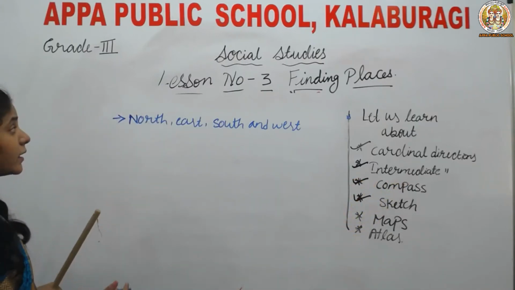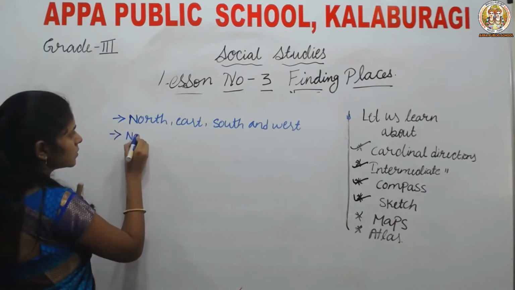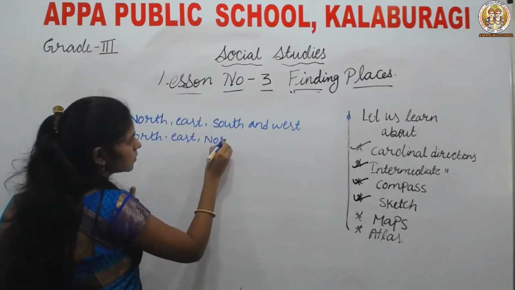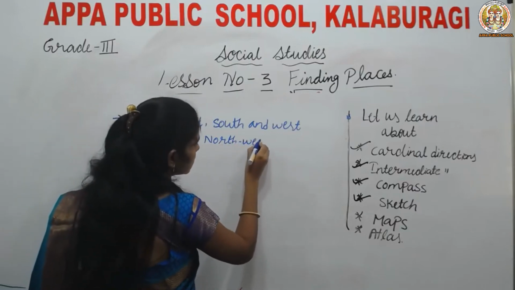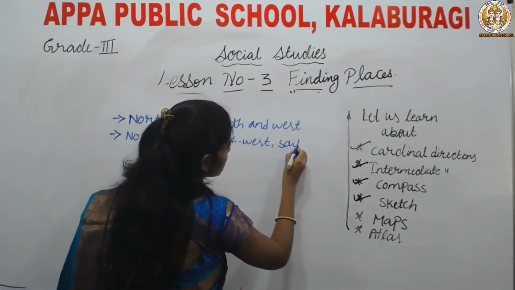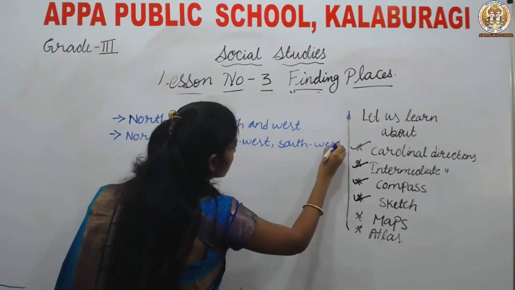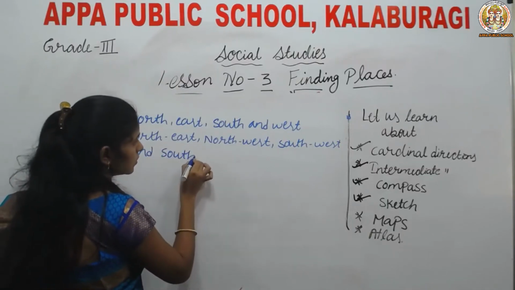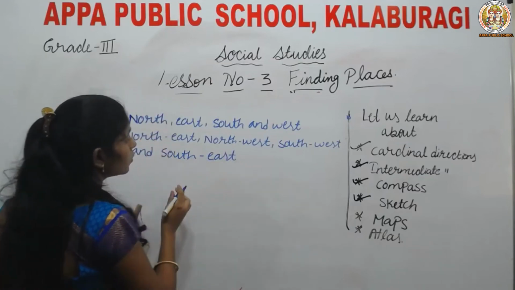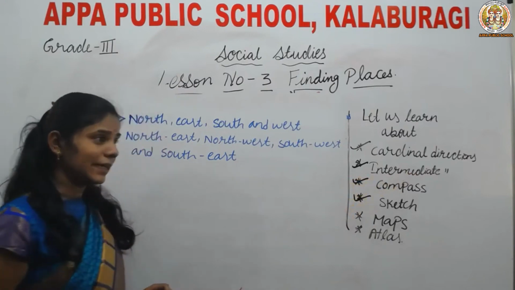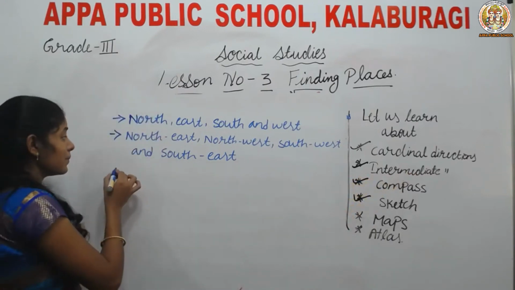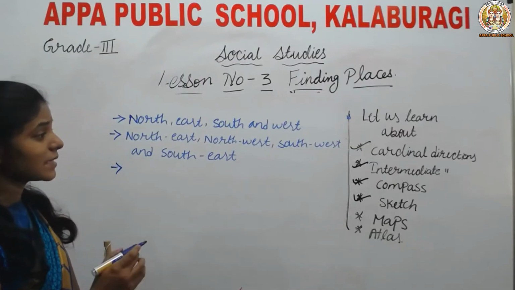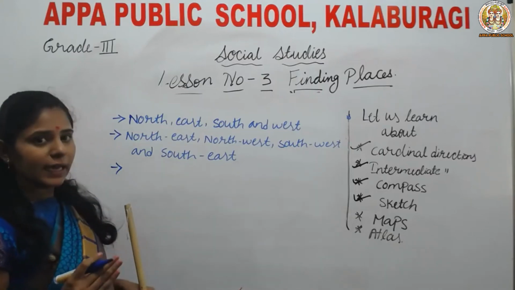Northeast, northwest, southeast, and southwest are known as intermediate directions. What do you mean by compass? A compass is an instrument used to find directions.